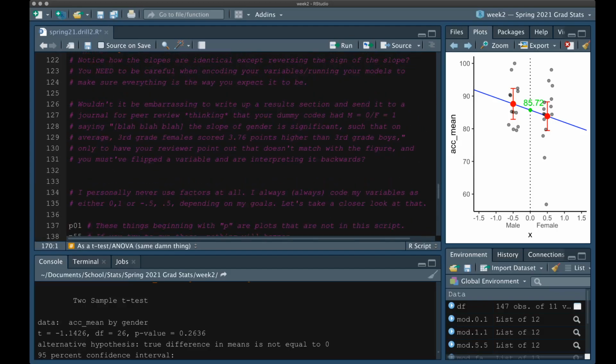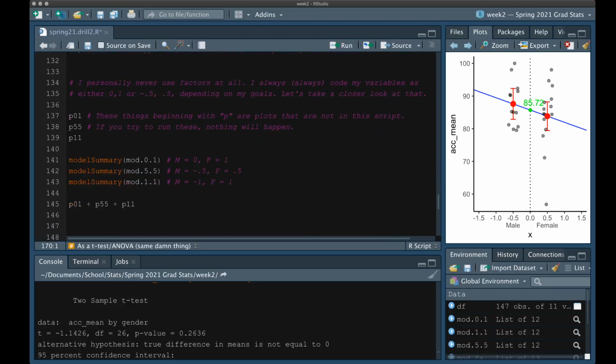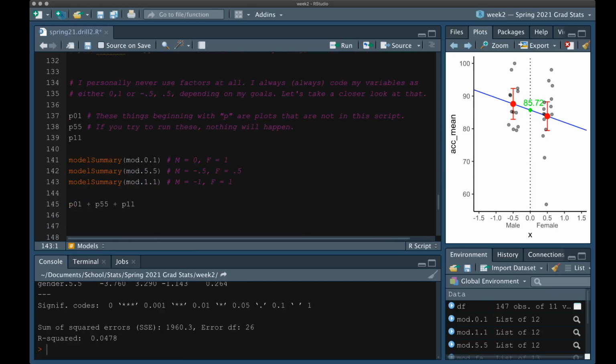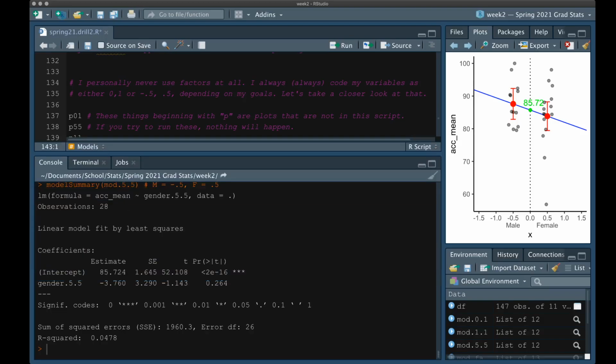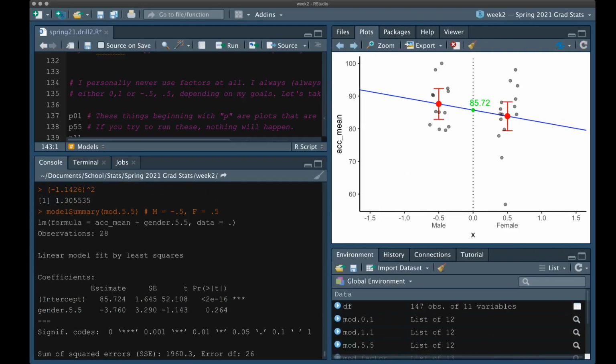Going back to looking at our model summaries, I just want to remind you as a final thing that what this t-test and this p-value, 0.264, are testing is just like everything else that we did.